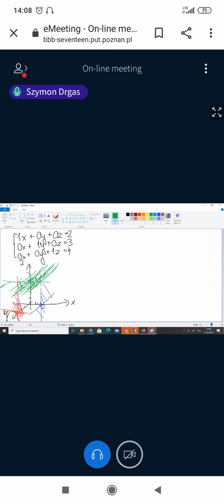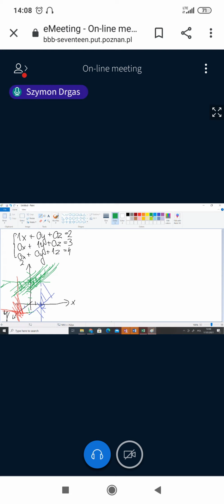So in this case the solution to the system of equations is 2, 3, 4. So let's locate this point. So the first is 2, then is 3, and it should be somewhere here.